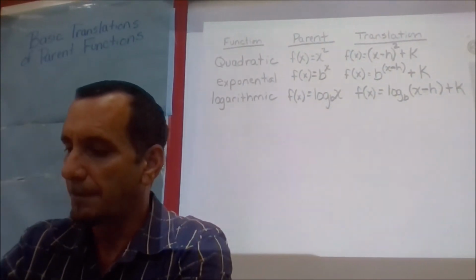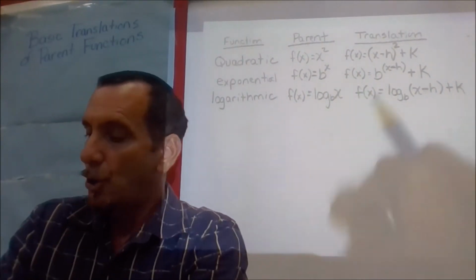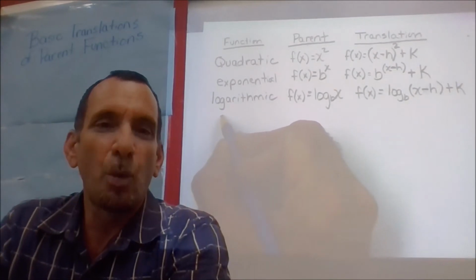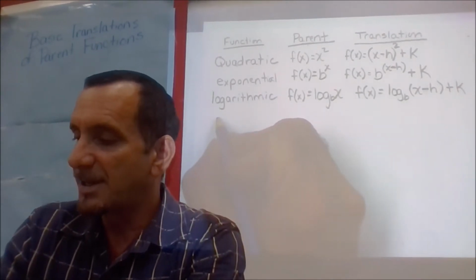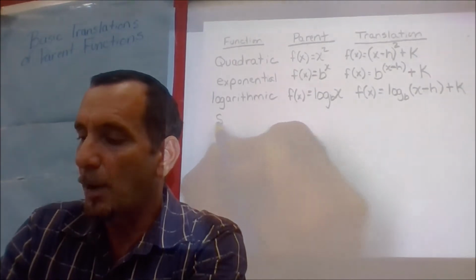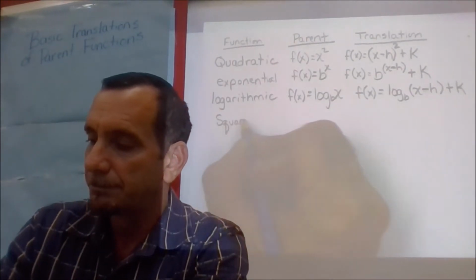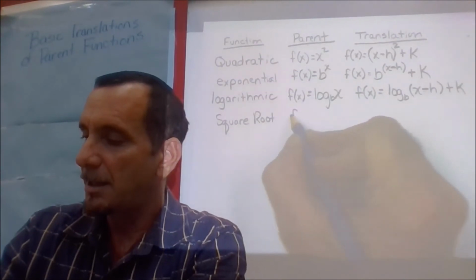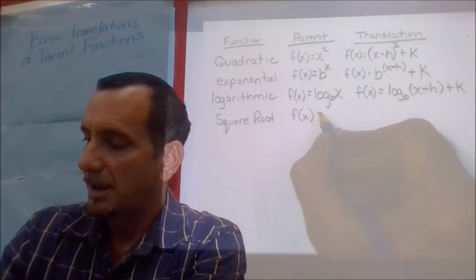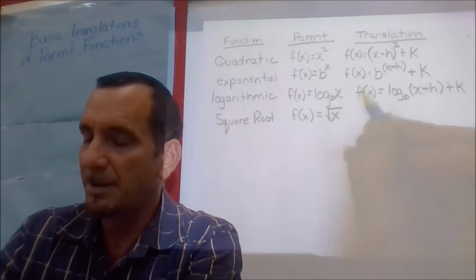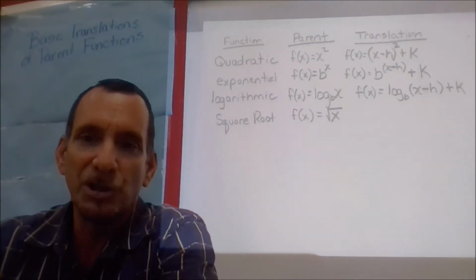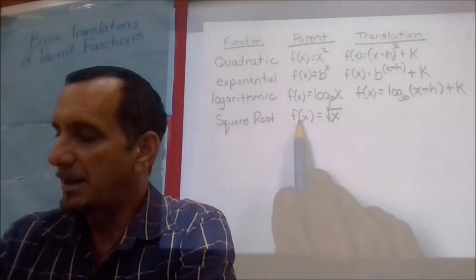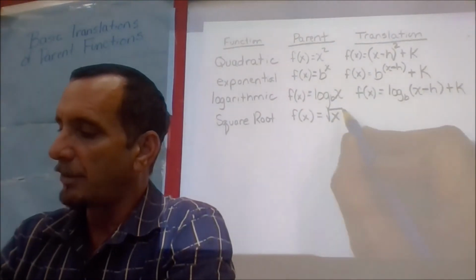Let's try another one. How about radical or square root functions? I'm just going to say a square root function. And let's say f of x is the square root of x, the most basic of all square root functions. The parent function is f of x equals the square root of x.